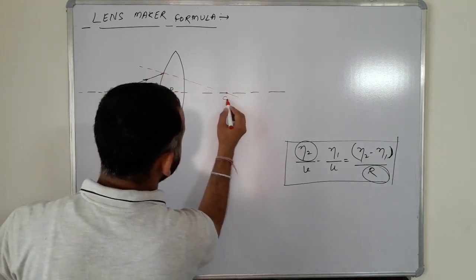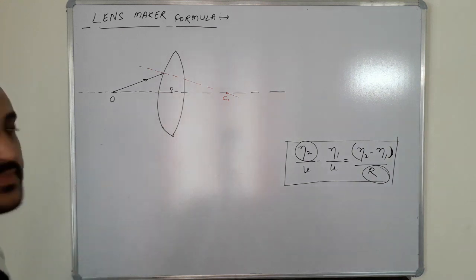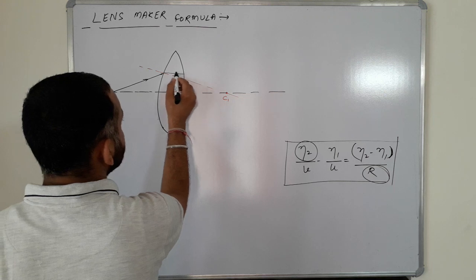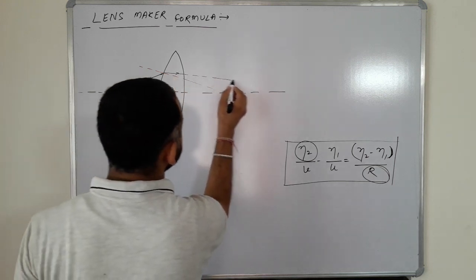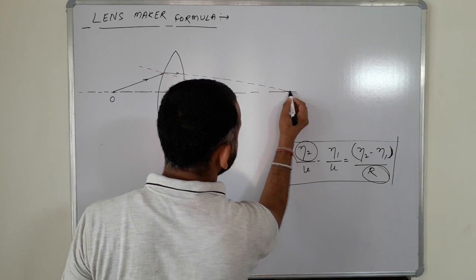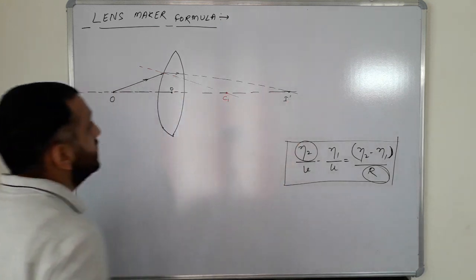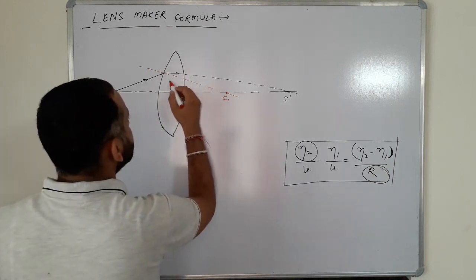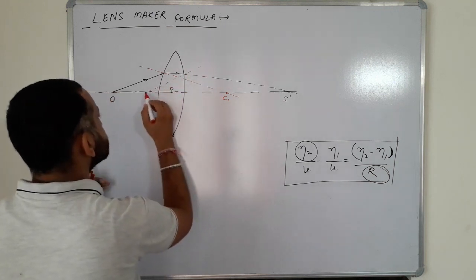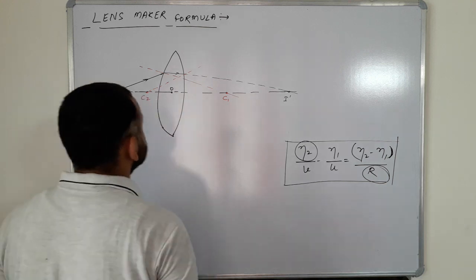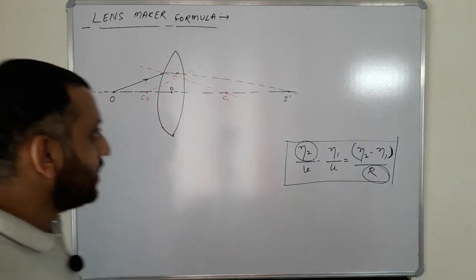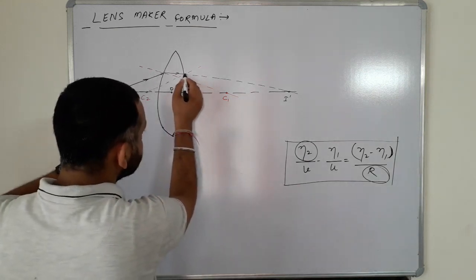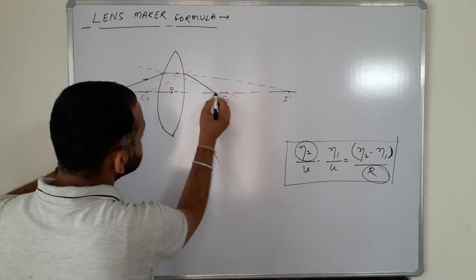So this will be the center of curvature, the first one. Afterwards it will bend towards the normal like this, and this will be the I dash. After that, at this particular point if we draw a normal, it will be somewhat like this. This is the center of curvature, the second one. Suppose this is the final image.